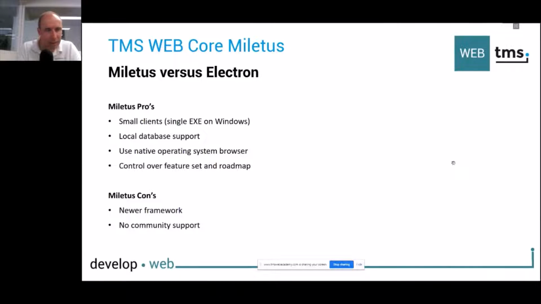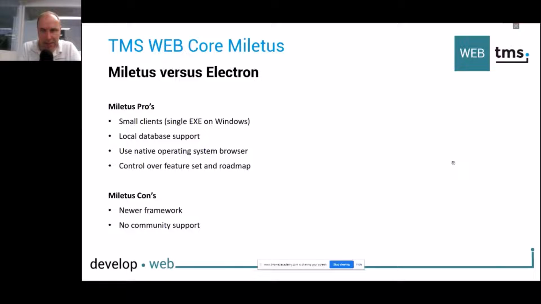And of course, in an honest comparison, there are also cons with respect to Miletus. Electron has a long history. It has a proven track record. There are huge and popular applications written with Electron. Miletus, of course, is quite new, and that might come with some glitches.